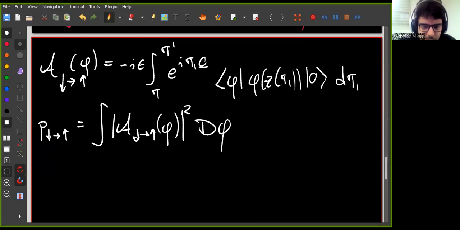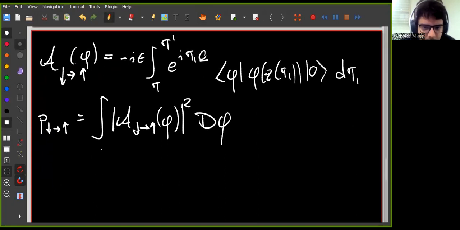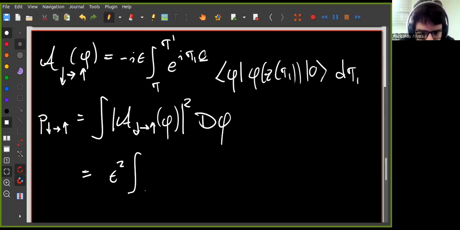Hence, using this formula, we know that to first order in perturbation theory, what we are going to get is epsilon squared, integral from tau to tau prime.